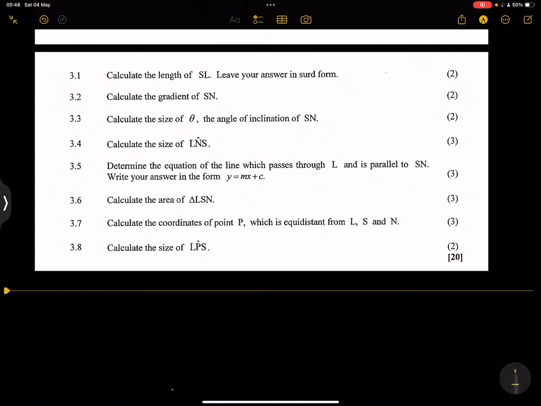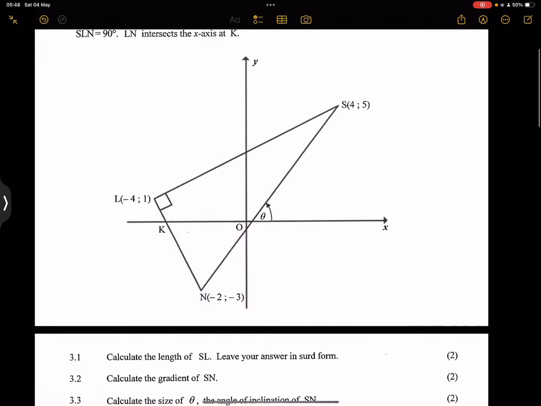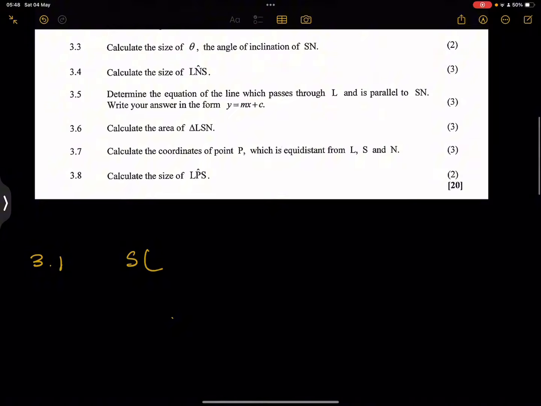Now I want you to note in this case for SL, first of all, let me just write down the coordinates. The coordinates of S, you remember that they were given there, (4, 5).